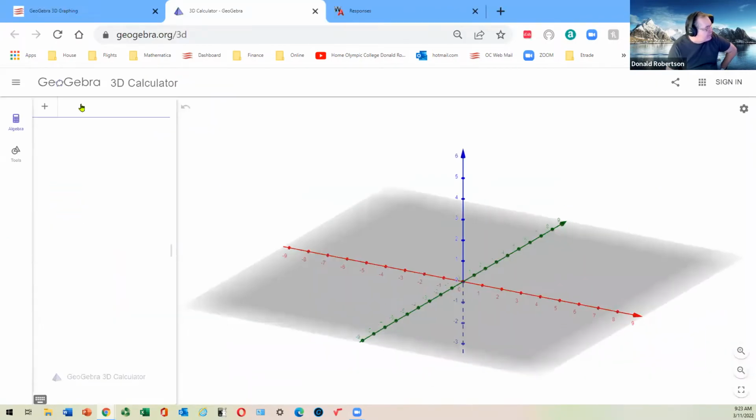There's that guy. So for instance, if you were interested in a space curve, and why are they capitals? I have no idea.